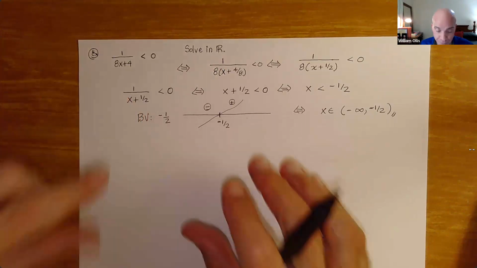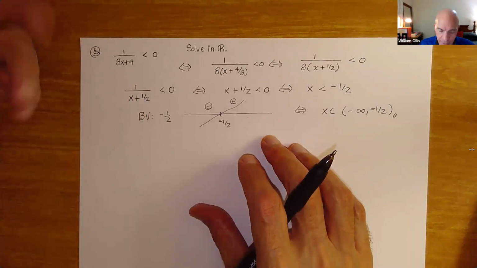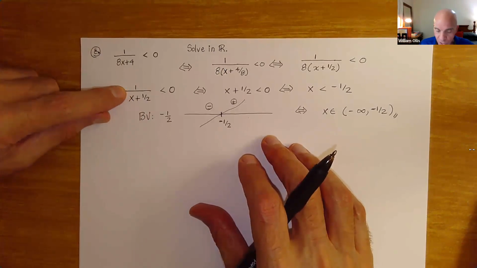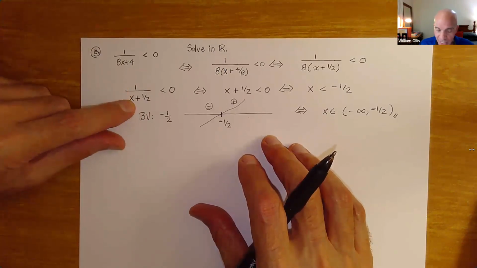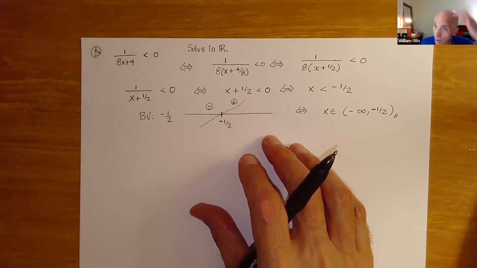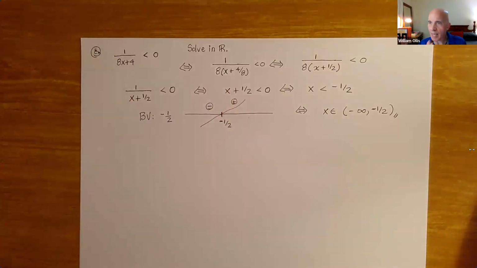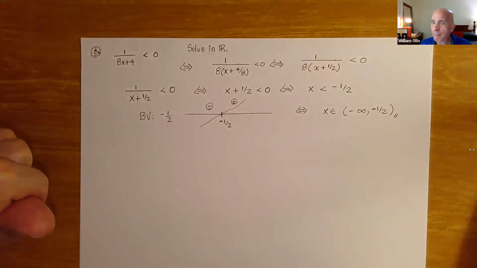Now, of course, the way this is so simple, we just say, okay, if this particular expression is going to be less than 0, the x plus 1/2 has to be less than 0, because the 1 is positive. So now we're kind of looking at it like just pulling the x plus 1/2 away. But I want you to look at this and think about what the arithmetic is saying.